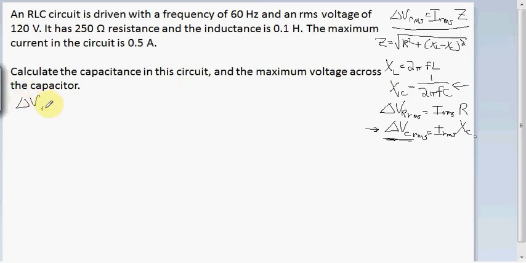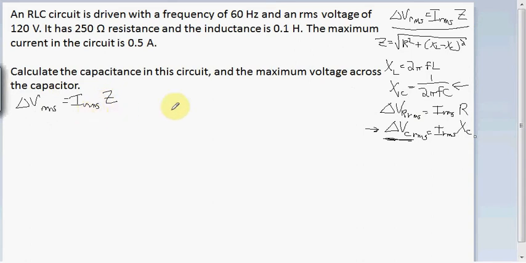Delta V RMS equals I RMS Z. Notice this is the power supply voltage, and that's what's related to the current by the impedance.